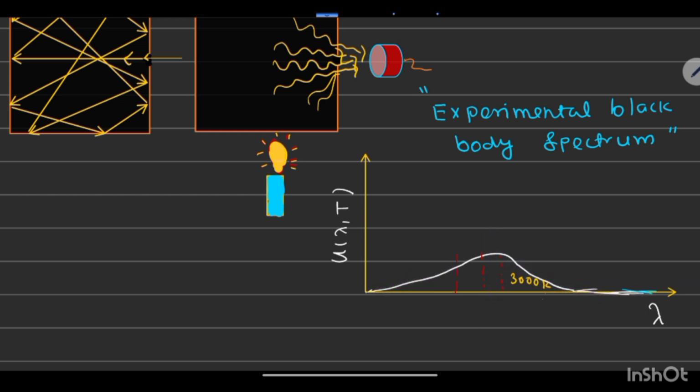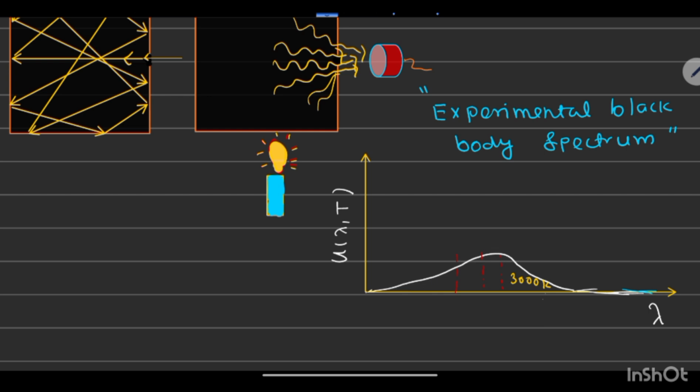The intensity at very high lambda and very low lambda is almost zero, and it is maximum at a particular lambda. It is also a continuous distribution, so we can get the intensity of all wavelengths continuously.